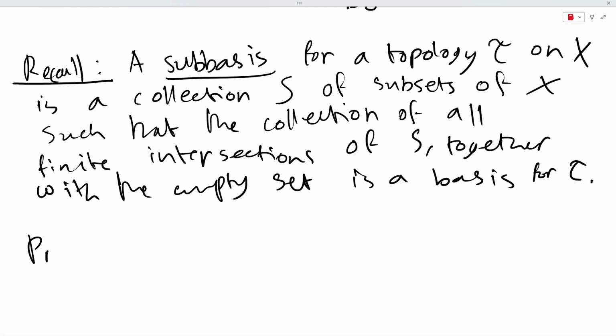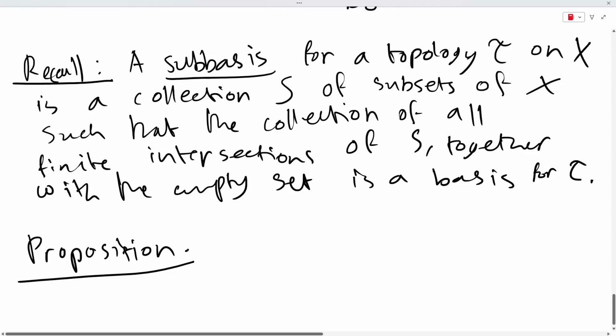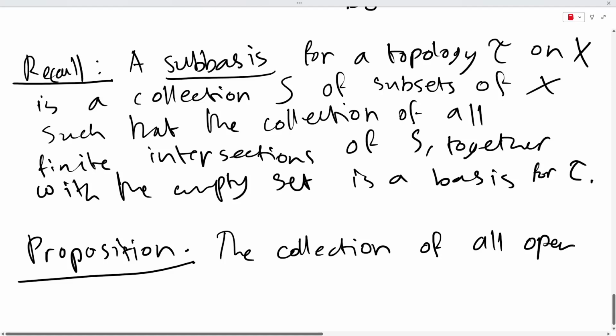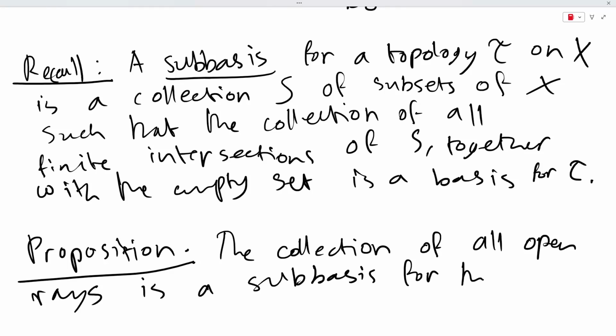So our proposition is that the collection of all open rays is a subbasis for the order topology.